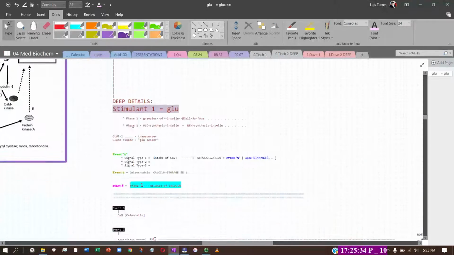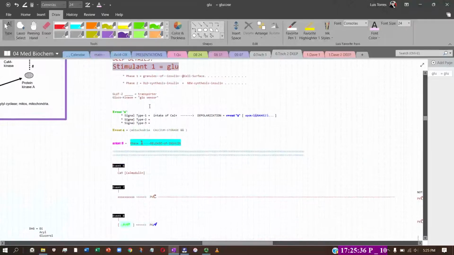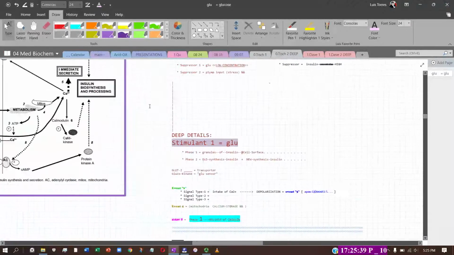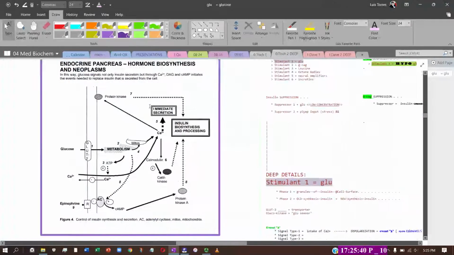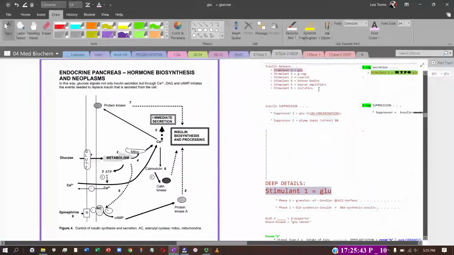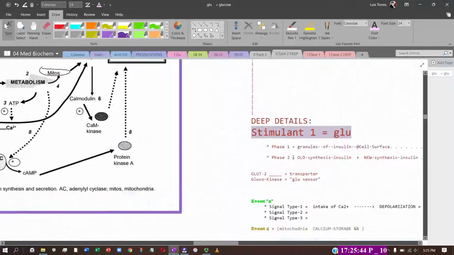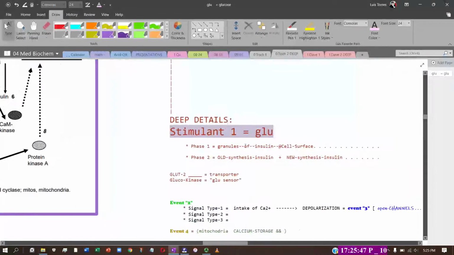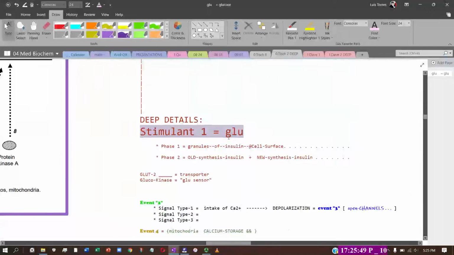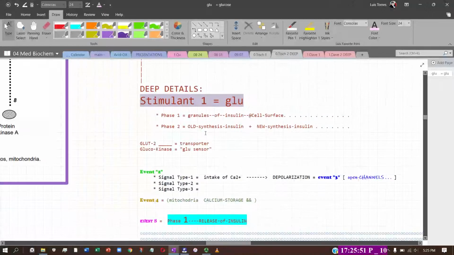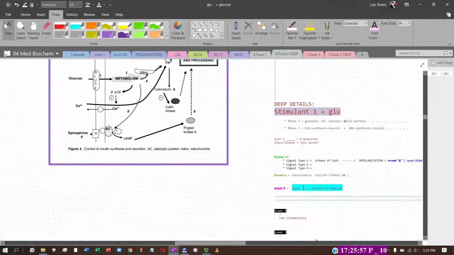Here are deeper details specifically about glucose, the first stimulant. For now, we're not addressing a lot of the other stimulants. There are 2 phases to the stimulation done by glucose. During phase 1, the granules of insulin at the cell surface get released.